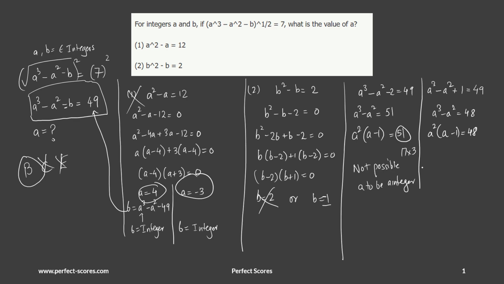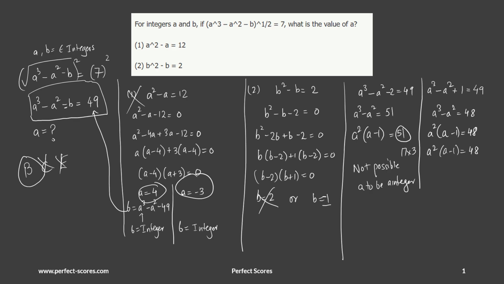But since we're solving the question, let's see what value of A we get. You get A square into A minus 1 equal to 48. In these kinds of situations, it's always good to look at the different values of A that you got in statement 1, because these questions are always consistent in GMAT.